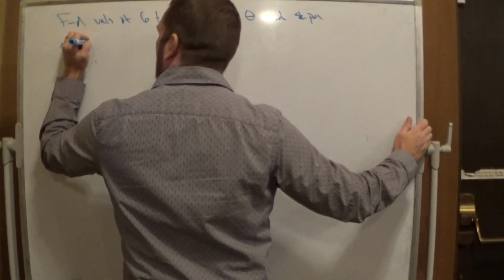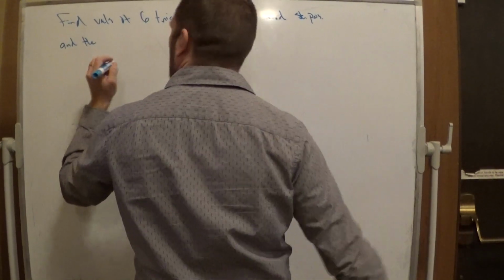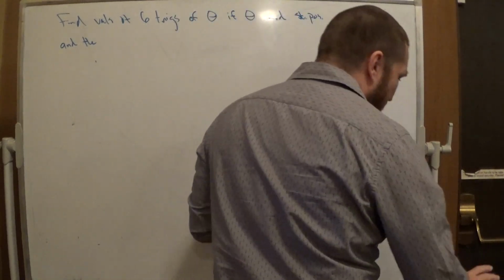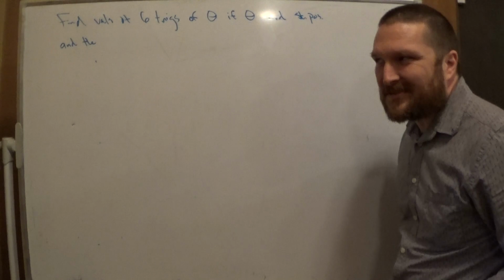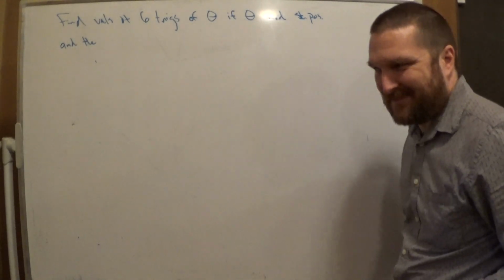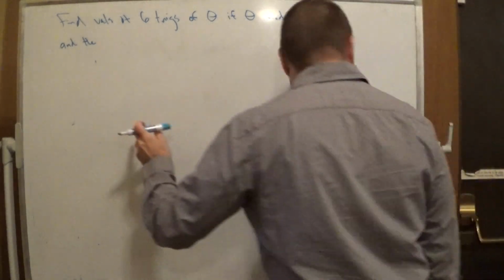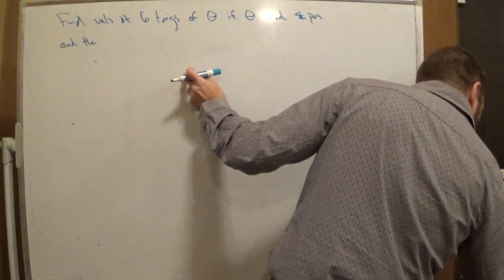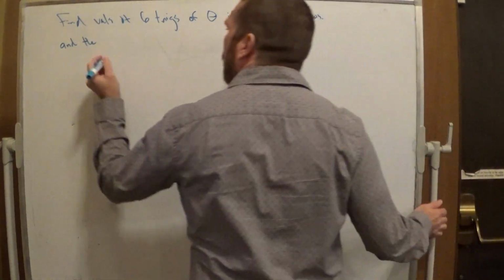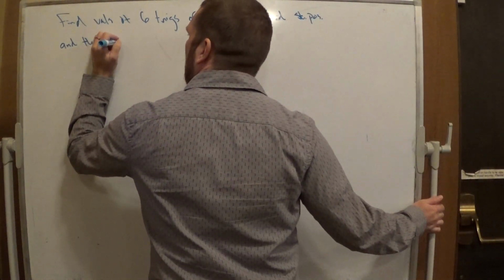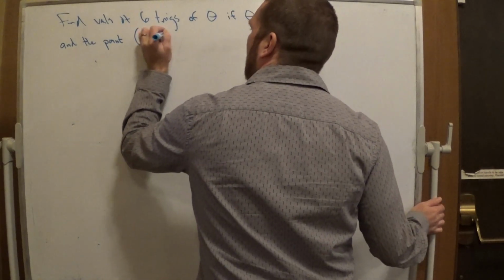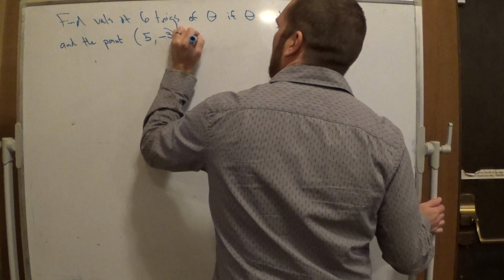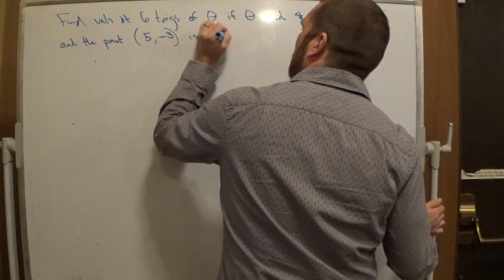Do you write it like this on the quiz? No, it's all written out, and I even say the values of theta, and then I put in parentheses, i.e., sine theta, cosine theta, etc., in case there's any question. And the point, let's just say, oh, how about (5, -3) is on the terminal side.